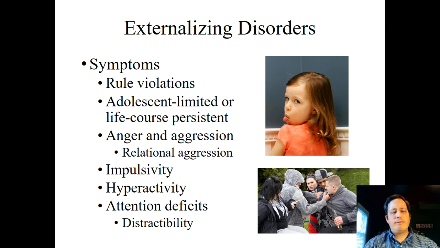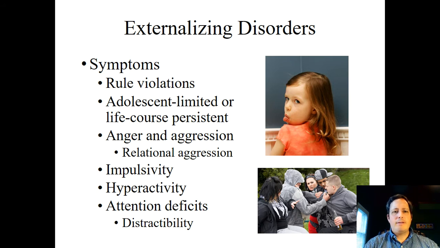And there are a lot of different characteristics that make up a lot of the disorders in the externalizing classification. They're going to have some similar types of symptoms. Not all of them are going to have the exact same symptoms, but they're going to have these commonalities among them. The first is rule violations. So there's a lot more concern when the rule violations are frequent, intense, lasting, and pervasive.